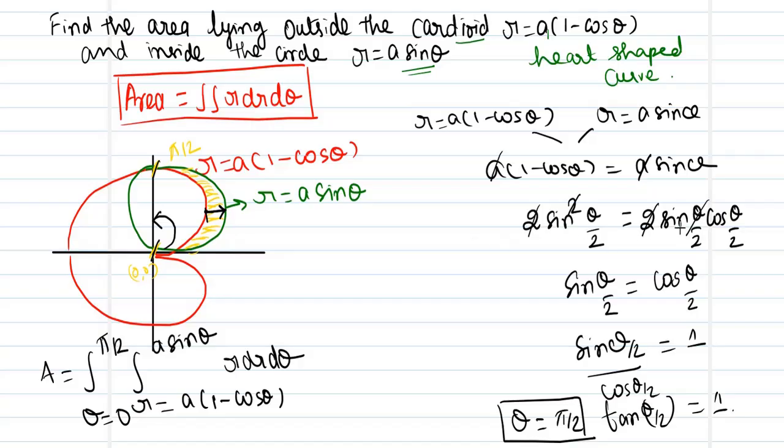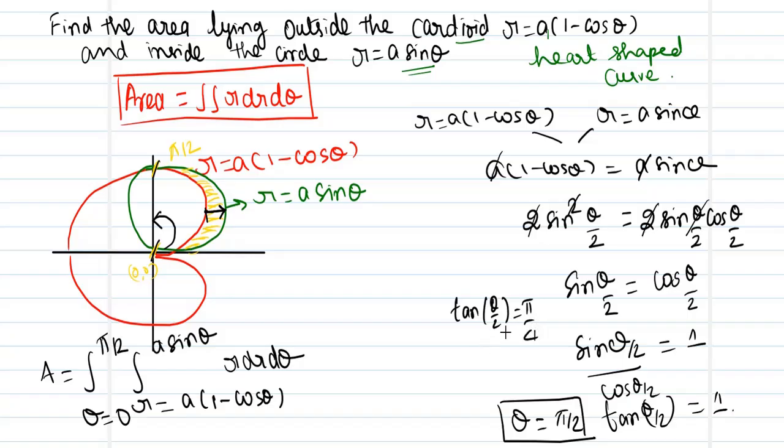2 and 1 sin theta by 2 can be cancelled off, leaving you with sin theta by 2 is cos theta by 2. So bringing it to one side, tan theta by 2 is 1. When will tan take the value 1? Tan takes the value 1 for pi by 4. So we have tan of theta by 2 equal to pi by 4.